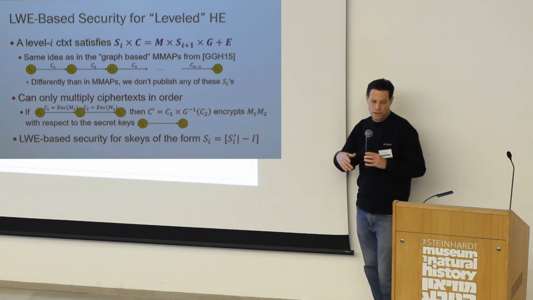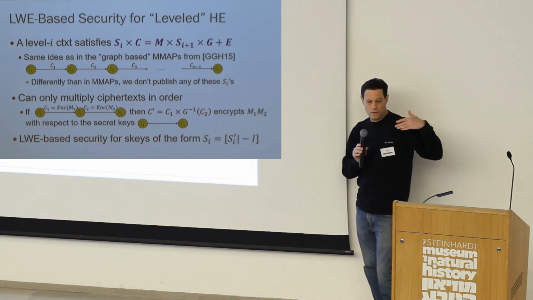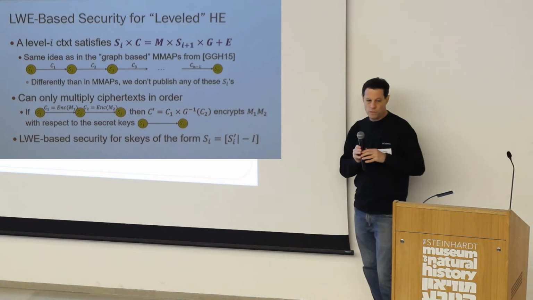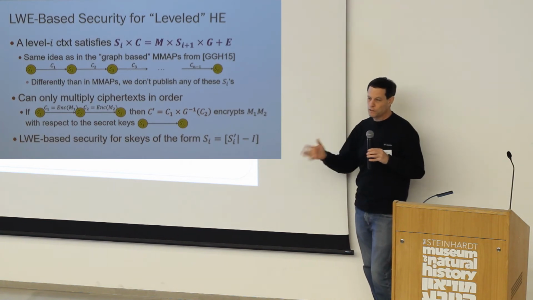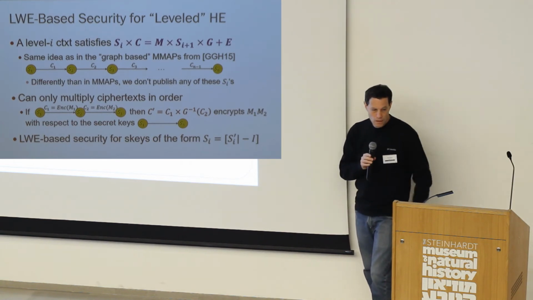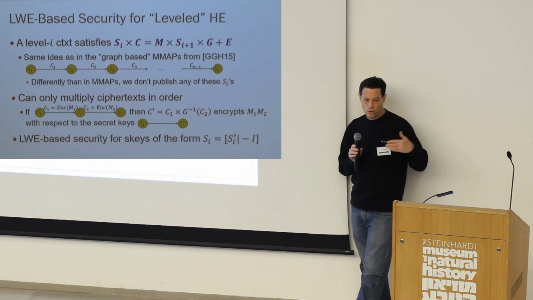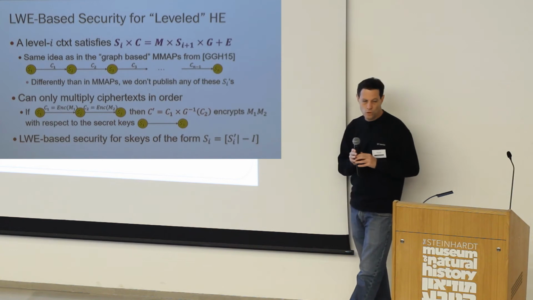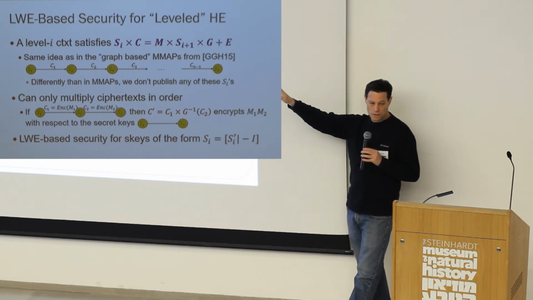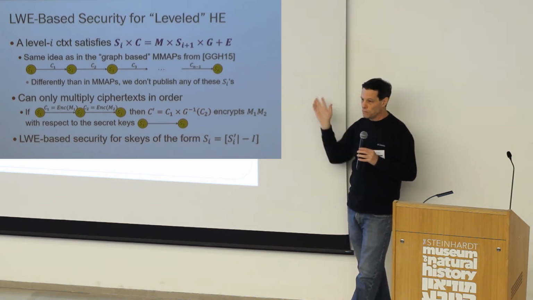Basically, the ciphertext looks pseudorandom even if you know Si plus 1, as long as Si is secret. It does degrade functionality in the sense that you can only multiply ciphertexts in order. So you can only multiply C1 by C2 and C2 by C3, but not C1 by C3.